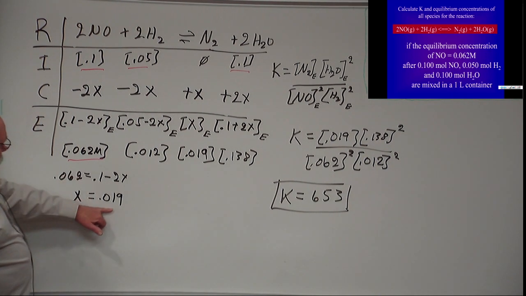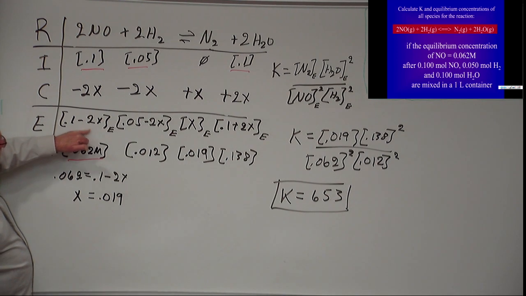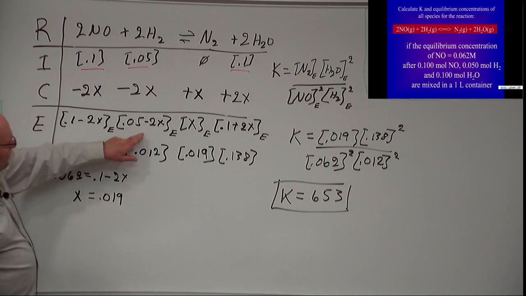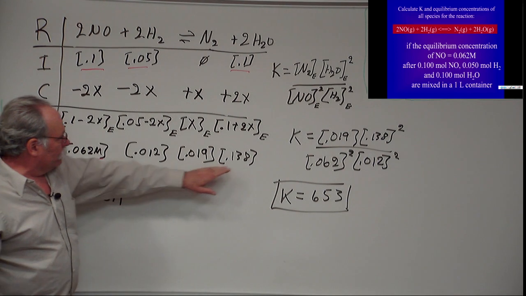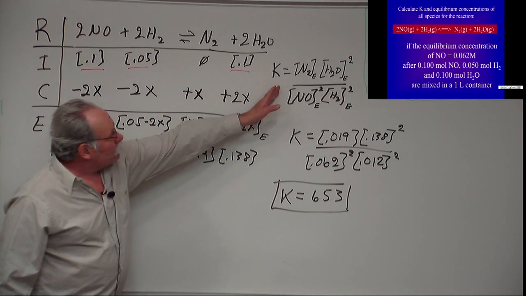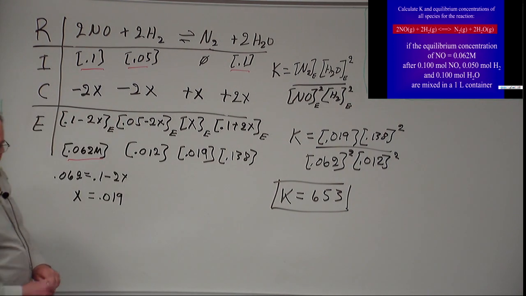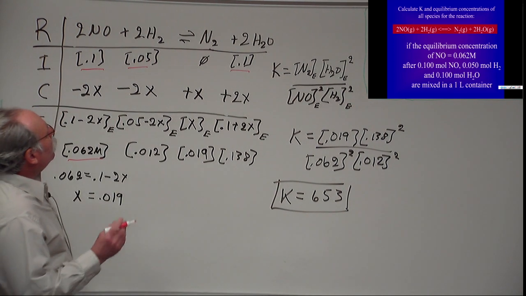Calculate the extent of reaction from the thing that I had a value for at equilibrium. Now, using that value, substitute in, calculate the equilibrium concentrations of the other species, put these into the equilibrium constant expression, solve for K. One other comment, okay?